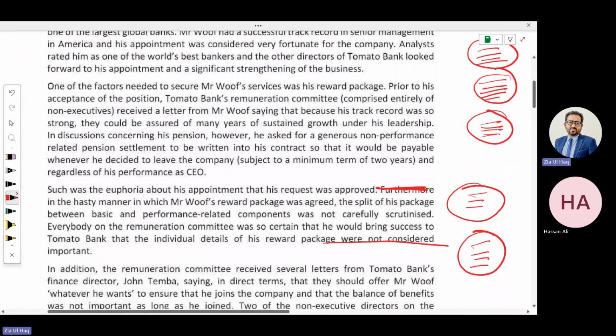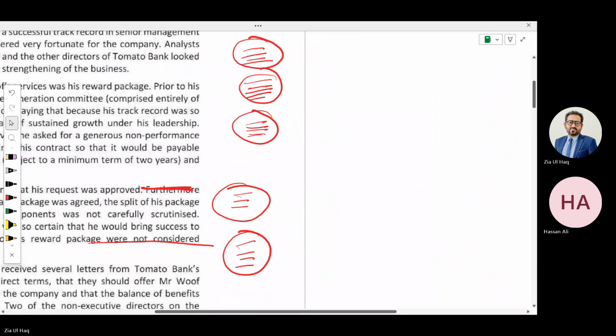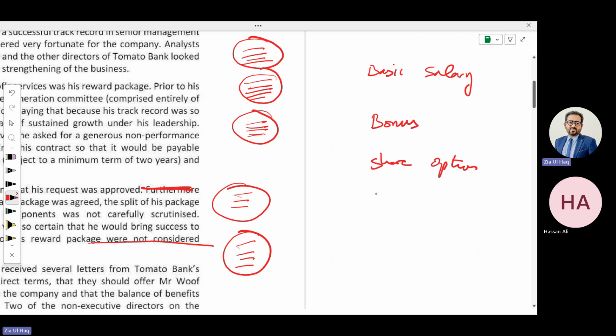What we need to do, there are how many reward package elements are there? Basic salary, bonus, share option, pension, and benefits in kind, mean perks.